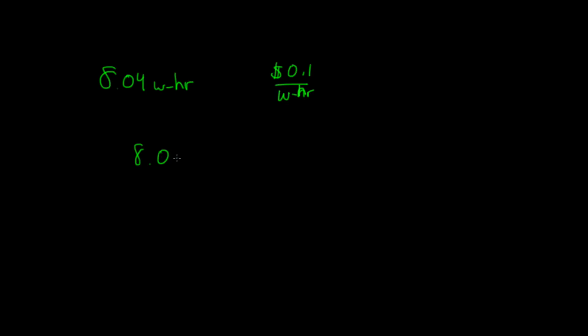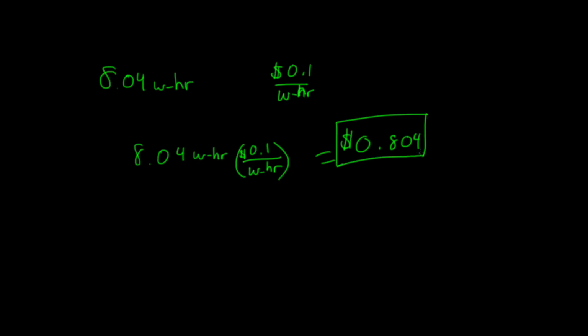So 8.04 watt hours, being sold at 0.1 dollars per watt hour. Here I will just move over a decimal point. So this equals 0.804 dollars. That's how much it costs. Not very much, not even a dollar, about 80 cents. So this would be your answer.